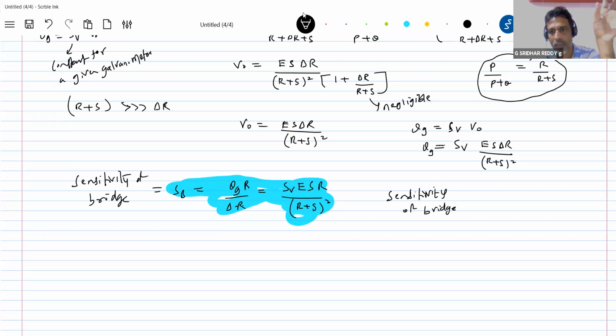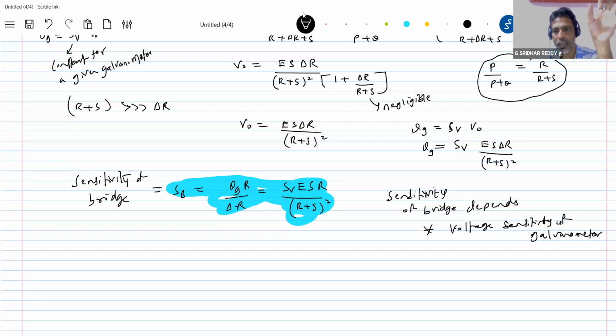So the sensitivity of the bridge depends on, first, the voltage sensitivity of the galvanometer. Next, the EMF of the cell.